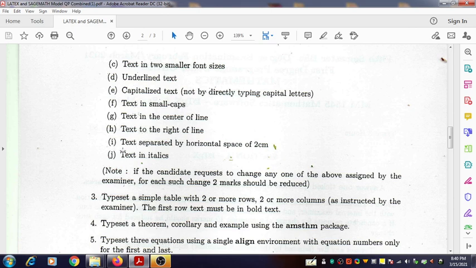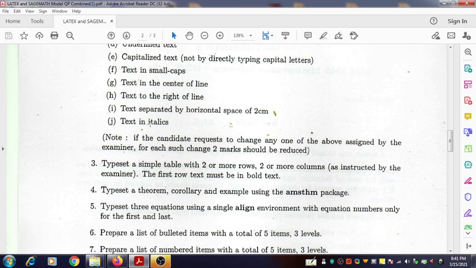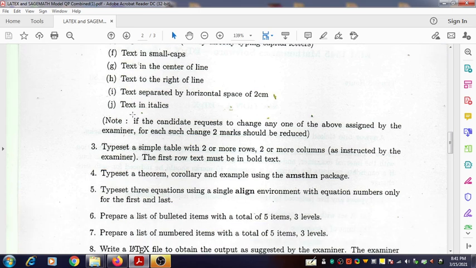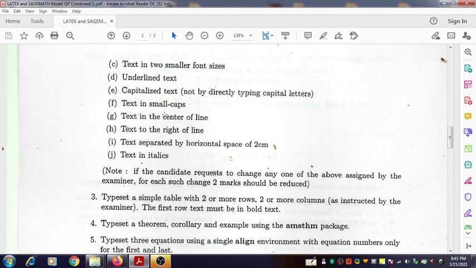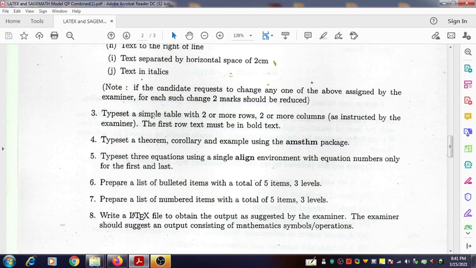Next, text separated by horizontal spaces of some specified centimeters, which are 2 texts separated by space, and text in italics, and this kind of questions you can expect. Then 2 marks can be reduced if you ask for a change in the question.